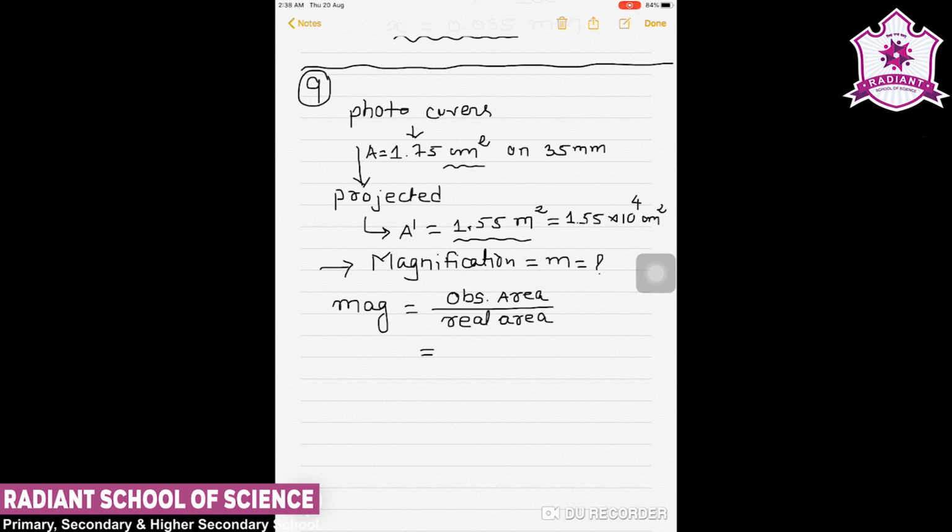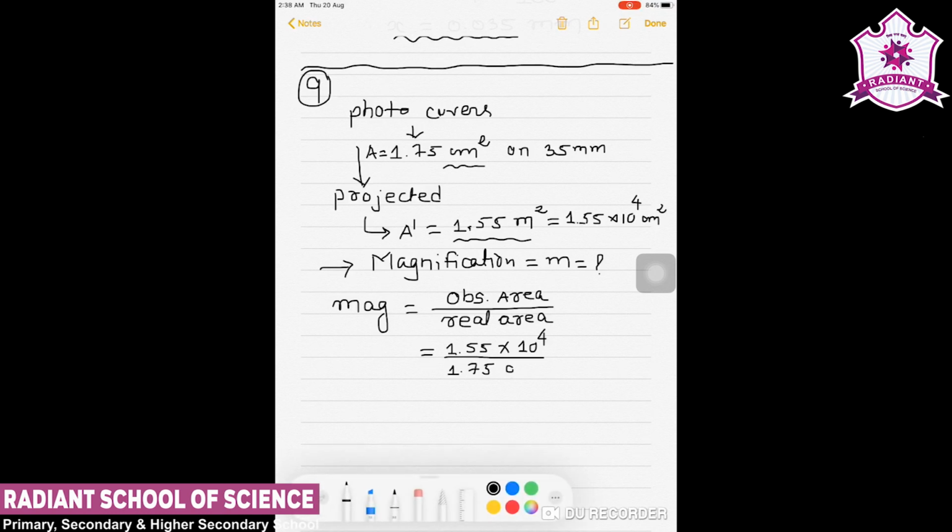So I can simply write 1.55 into 10 raised to 4 centimeter square upon the real area, that was 1.75 centimeter square.